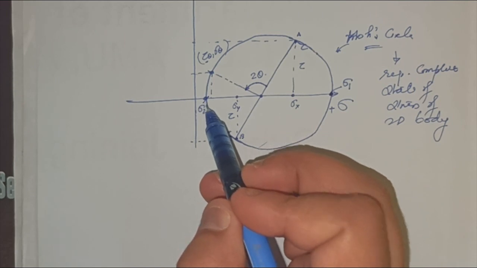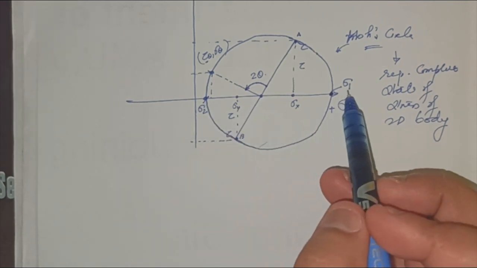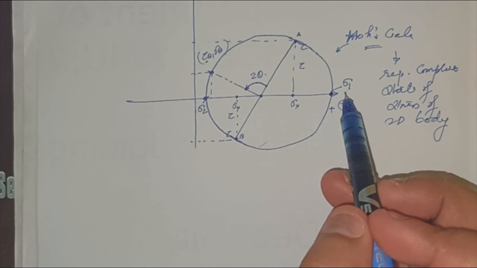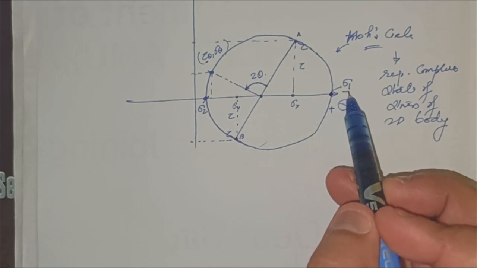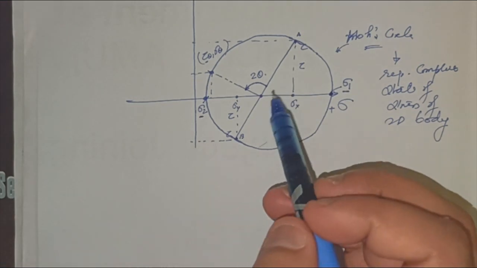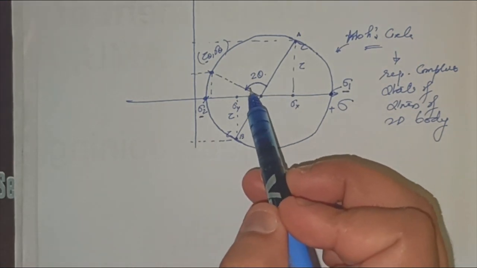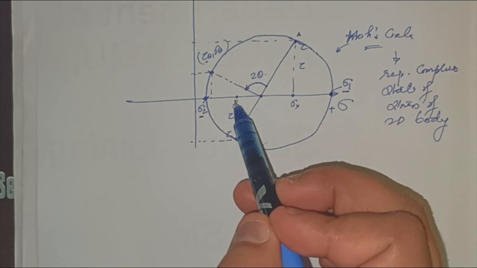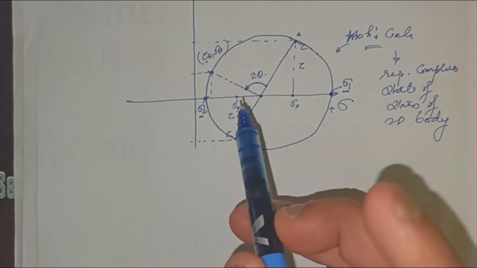And what is the difference between the maximum and minimum principal stresses? The orientation difference on the Mohr circle is 180 degrees. Remember this.